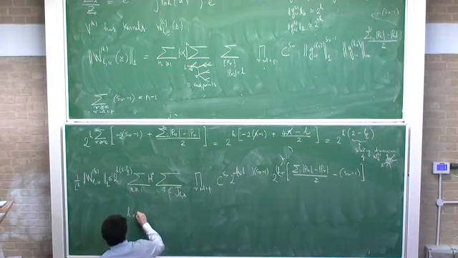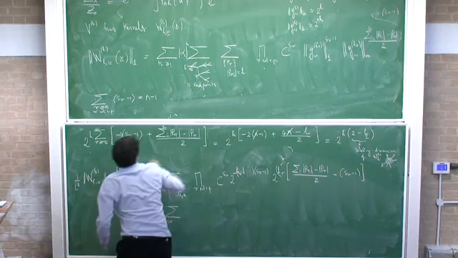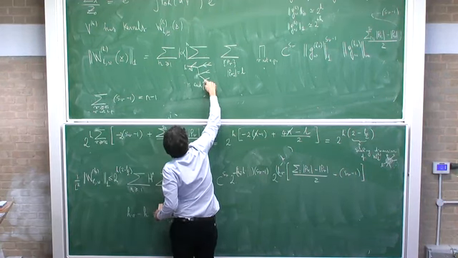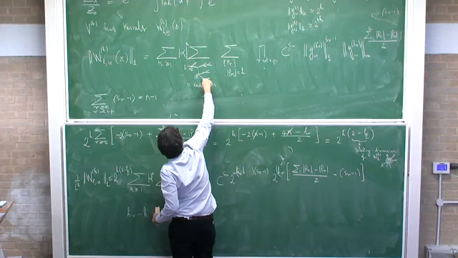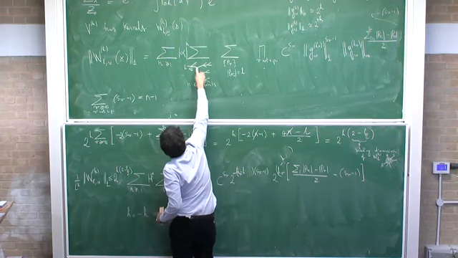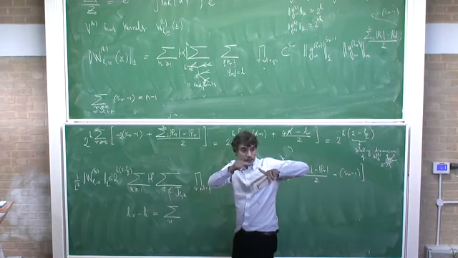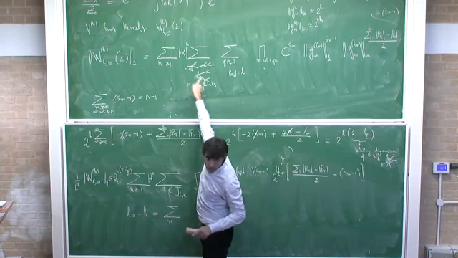So you have hv minus h. Let's say v is here, h is there, so I decompose it as a sum of contiguous scale jumps along the path that on the tree goes from the root to v.